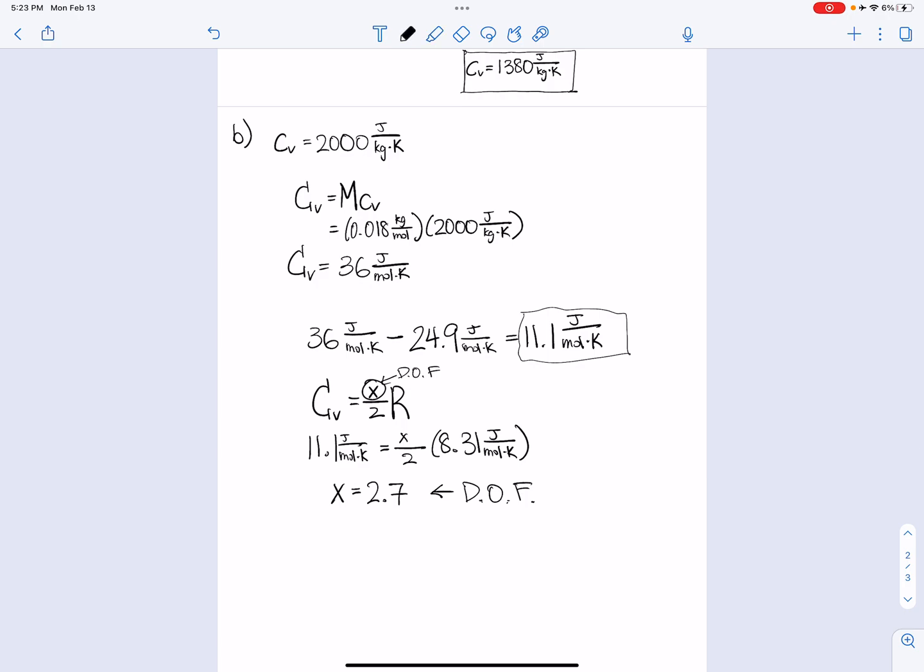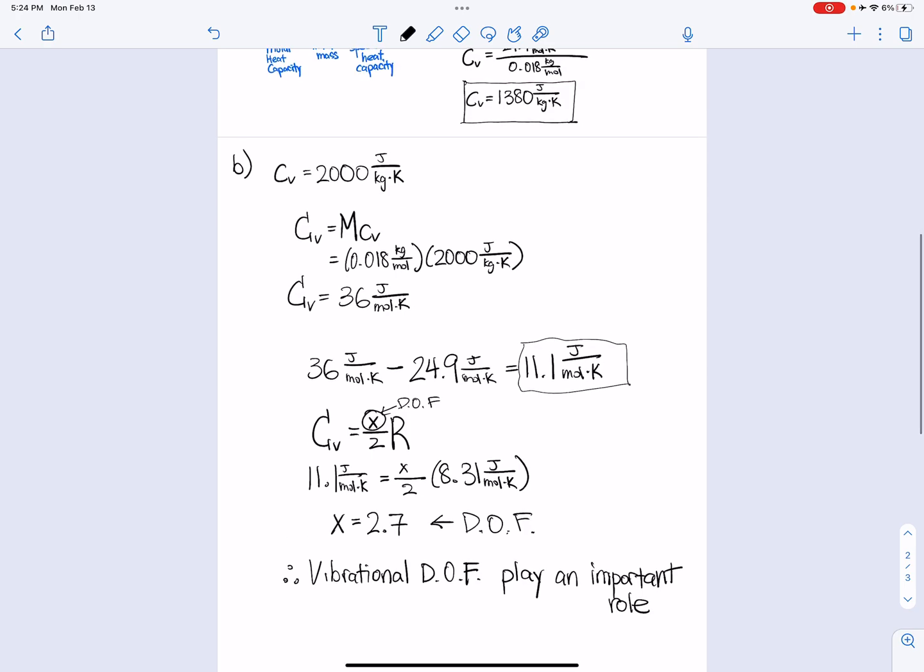And so we could conclude that vibrational degrees of freedom play an important role in heat capacity.